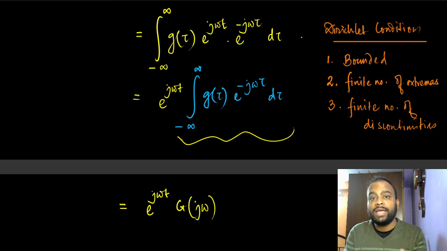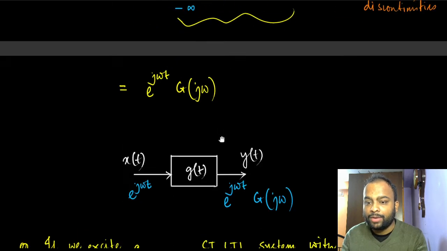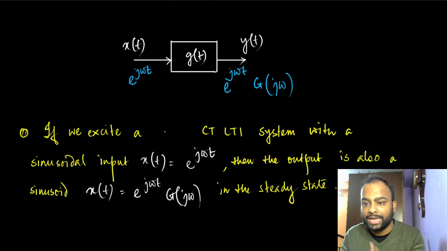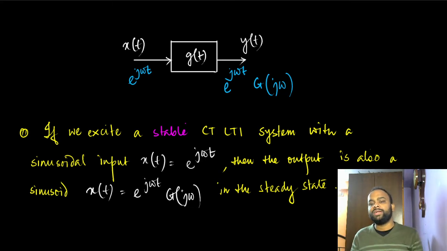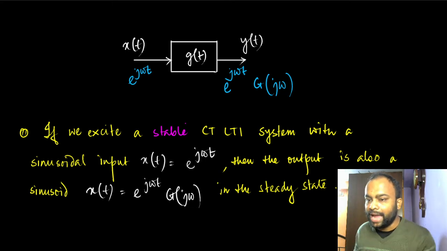So essentially, having a BIBO stable system makes sure that the impulse response of the system also has a Fourier transform representation, right? So the assumption is that we have a continuous time LTI system which is stable. So we're going to write, if we excite a stable continuous time linear time invariant system with a sinusoidal input like that, then the output is also a sinusoid that looks like this in the steady state, right?